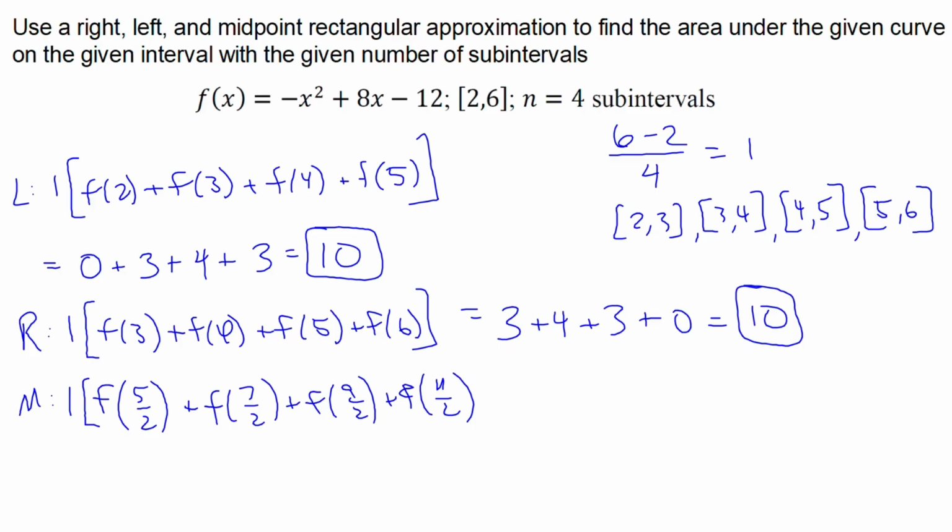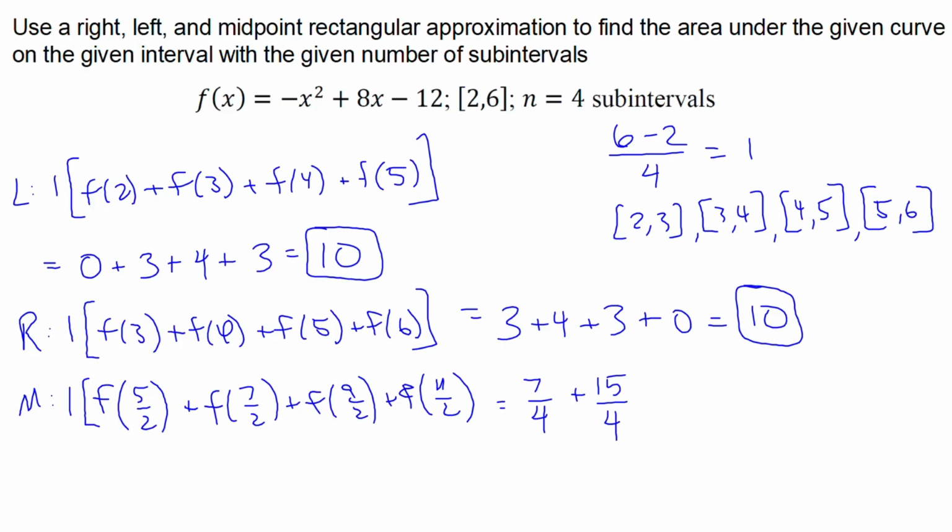And so let's see here. If we do negative of 5 halves squared, that's 25 fourths. And then plus 8 times 5 halves would be plus 20 minus 12. That comes out to be 7 fourths. And if we plug in 7 halves, that's going to be negative 49 fourths plus 28 minus 12, which should be 15 fourths.